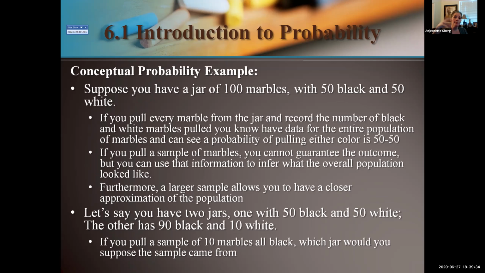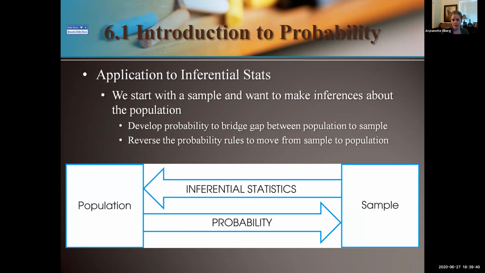So my sampling probability is predicated upon the makeup of the population, right? Probability is the connection from our population to our sample. Based on the structure of our population, probability lets us predict what the structure is going to be of our sample. But when we're talking about inferential statistics, we're doing the exact opposite.